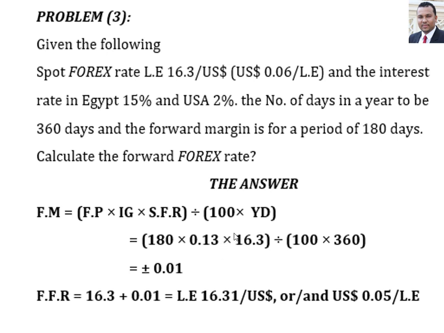Multiplied by 16.3, this is the direct quotation for forex, or spot forex rate, divided by 100, multiplied by 360, equals positive or negative 1%. So your comment in this case is very important because with 1% positive or negative, FFR equals, in case of direct quotation, you will add 1% to the spot forex rate.